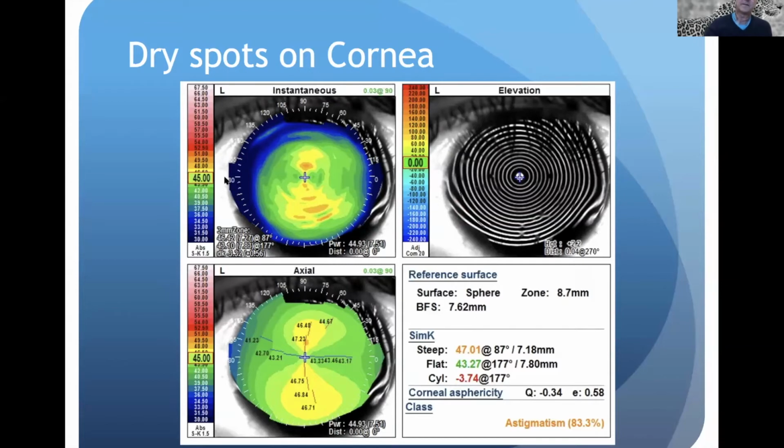And this is to show us how the instantaneous or tangential map gives us almost too much information. If that's all you had was this upper left-hand image, you might believe that this is a highly irregular cornea, right? There's all these little islands.